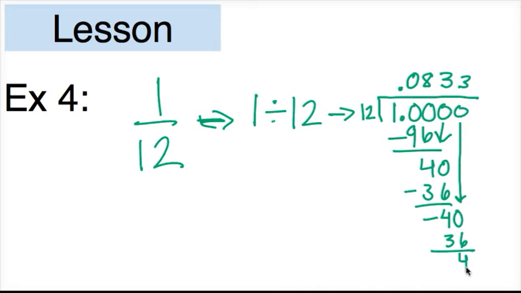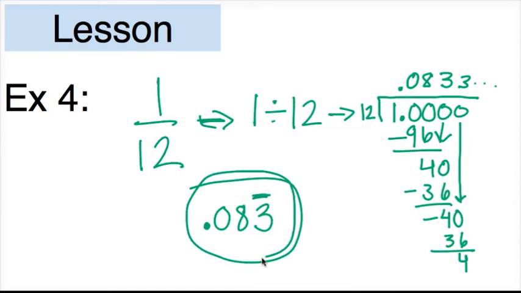I'm going to go through the vicious cycle of continuously subtracting 36 and getting 4. So at this point I can stop. I know this is going to go on forever. So the way I write my final answer is I'm going to include my 0 and my 8. Those are not repeating. The only part that's repeating is the 3. So I write the first 3 and I put my bar over the top to show that the 3 repeats.